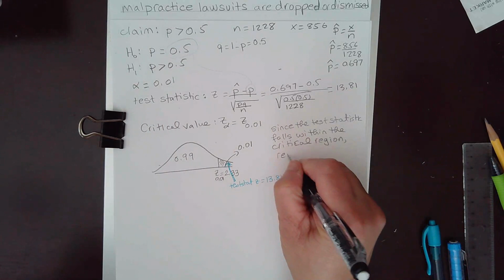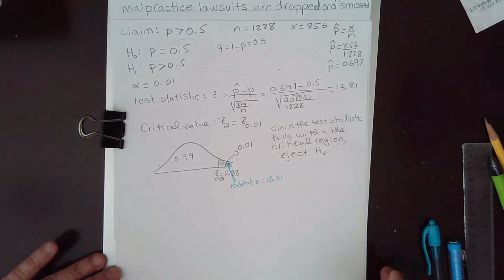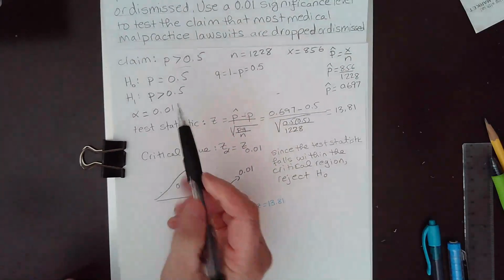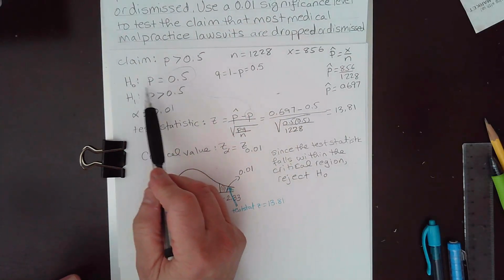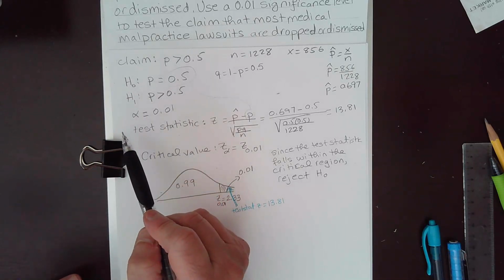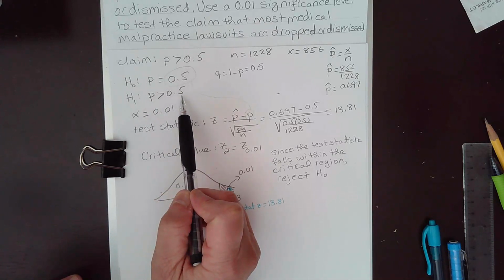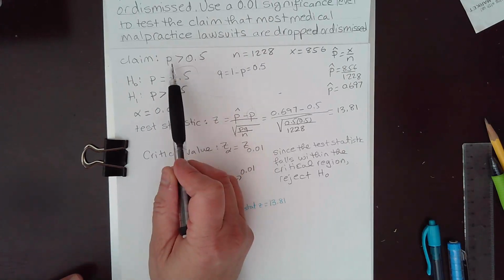So we reject the null hypothesis, and that is a decision. So we have evidence to support the alternative hypothesis. We have evidence to support that P is greater than 0.5, which is the claim.